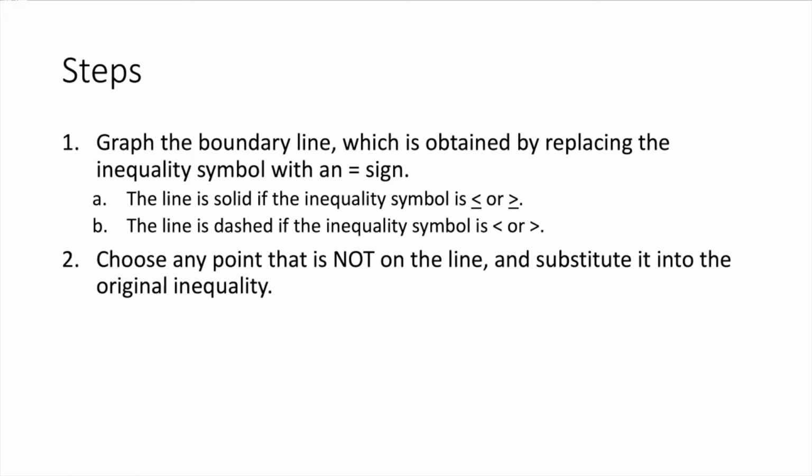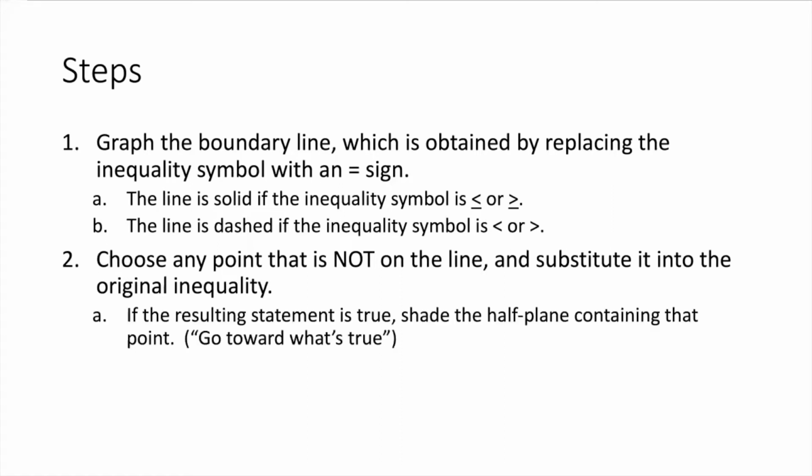Either that point will make the inequality true, in which case you will shade the half plane that contains that point. And I remember many years ago, I taught a class where a student came up with this way of remembering that: go toward what's true, right? We like what's true. You want to go towards the truth, okay?